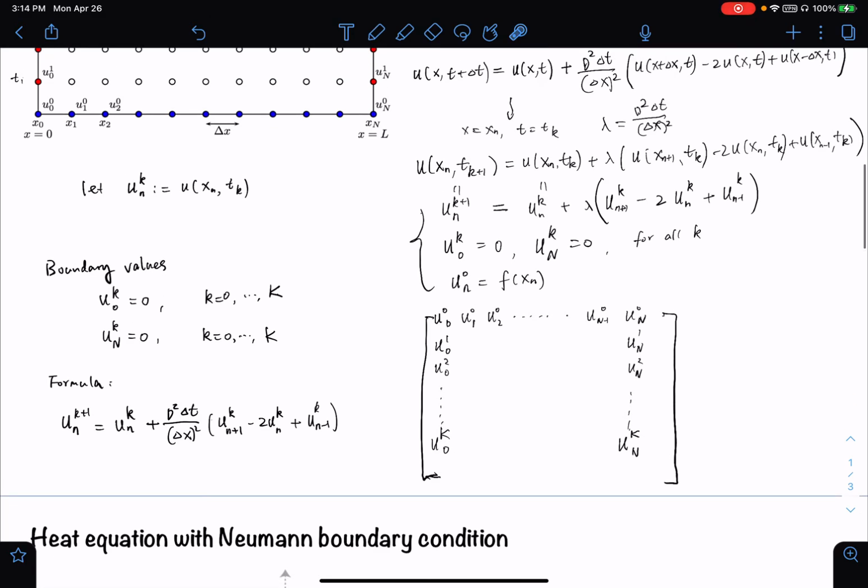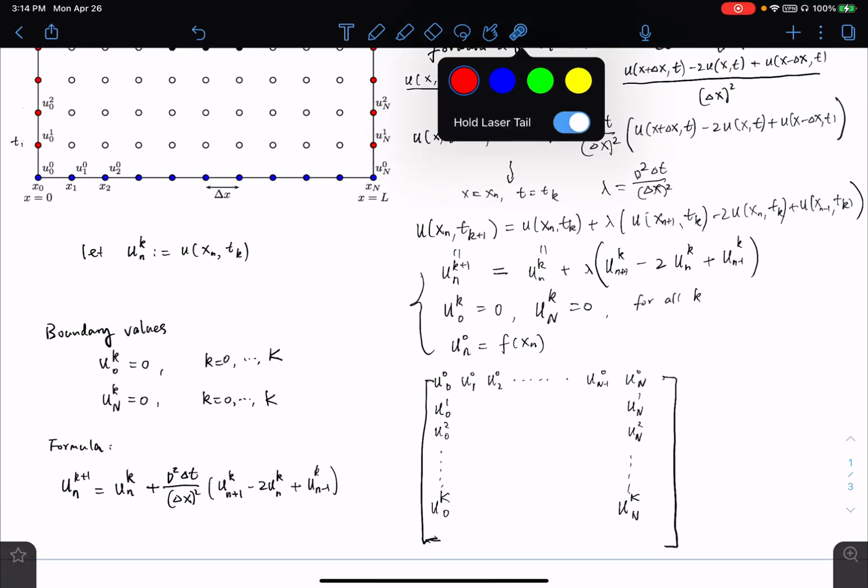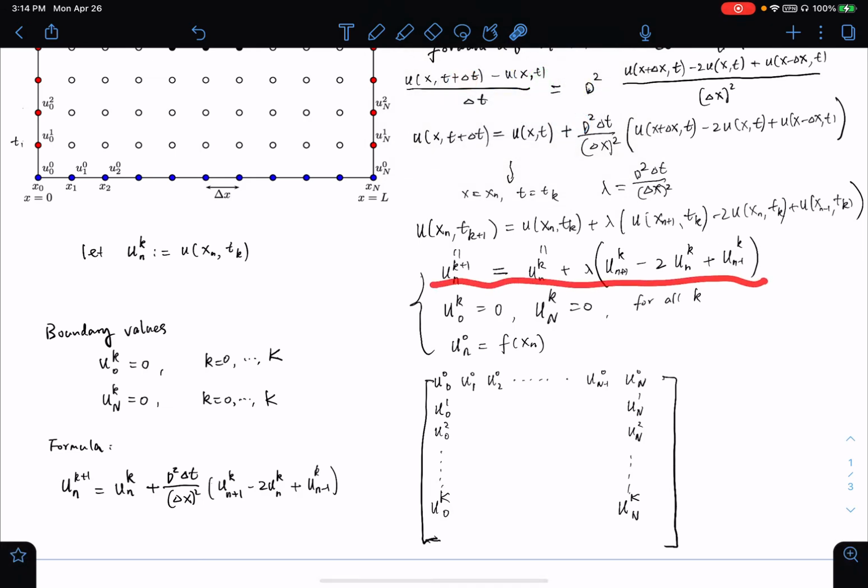And then you can use your recursion formula here to get this value by these three values, and to get this value by these three values, and then all the values in between.